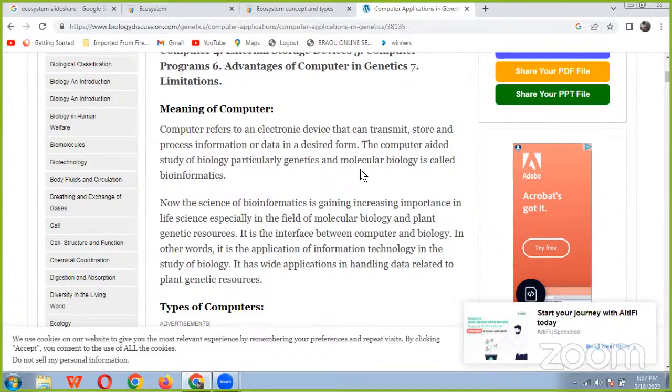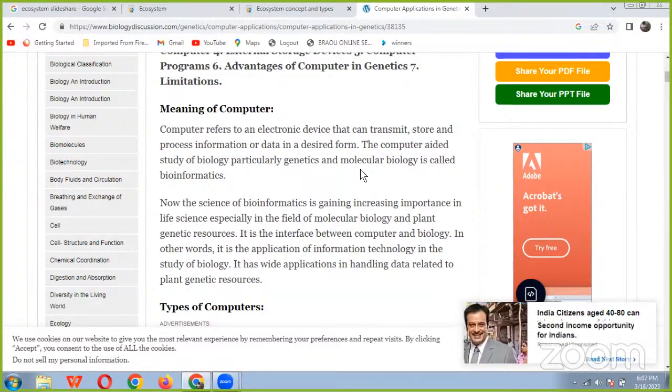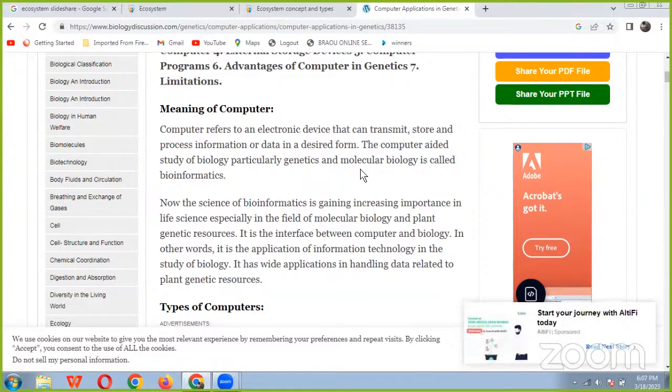Most of the data is available on the internet and computers. Actually, a starting point is slideshare.com, the biological discussion; most of the data is available there. They can use many sites also.